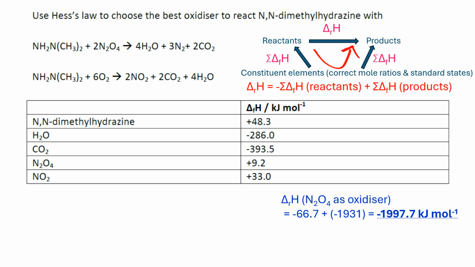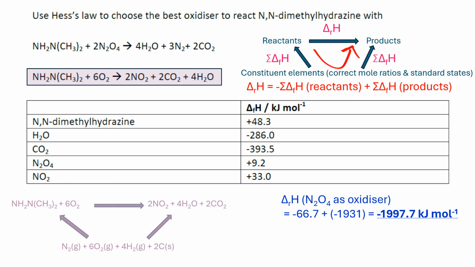Okay, so having a look at the second equation, putting that into the same Hess cycle. On the left-hand side, I'm only going to use the value for N,N-dimethylhydrazine because oxygen is an uncombined element, so that's not included. It doesn't have a ΔfH value.